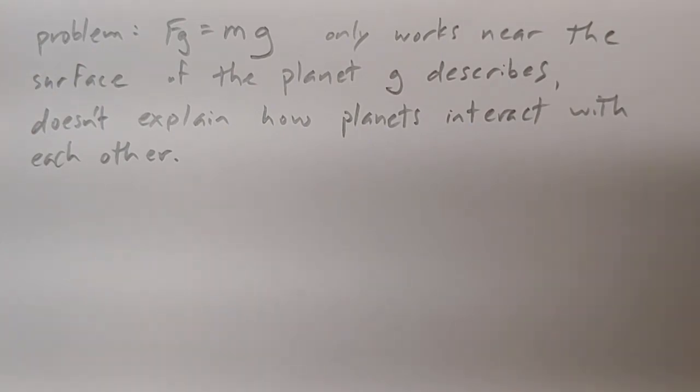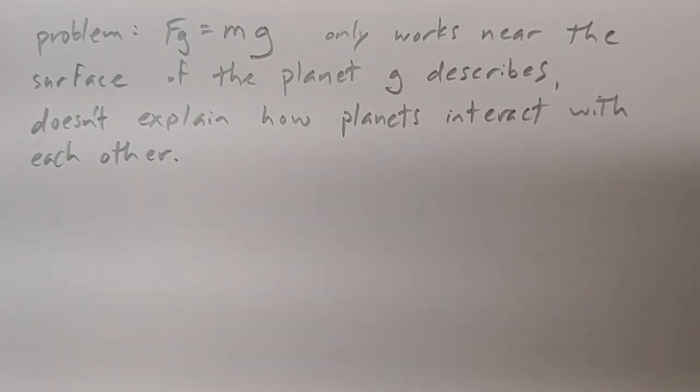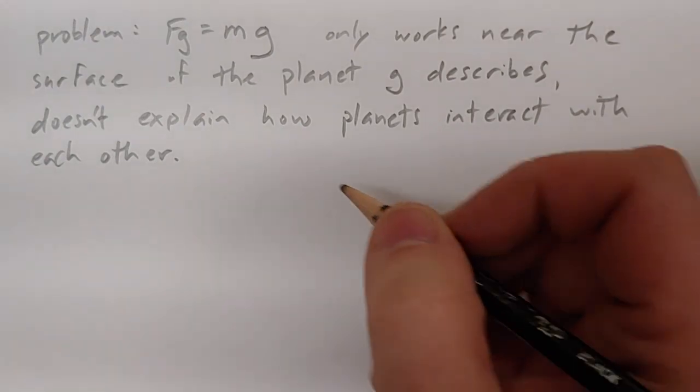Newton tried to figure out a new equation, and it had to meet a couple of parameters. It had to accurately work for anything in the universe. It had to explain all the observations that astronomers had made about planetary motion, but it still needed to do what this equation did, which, as long as we were relatively near the surface of the Earth, returned a constant, or a roughly constant value, because that's what we observe near the surface of the planet.